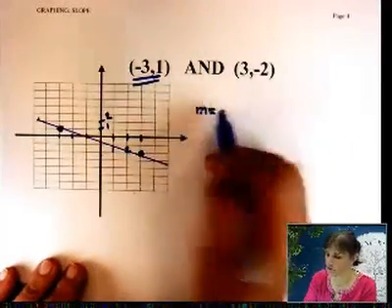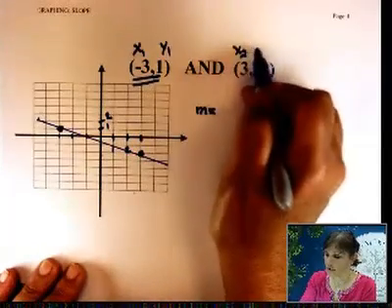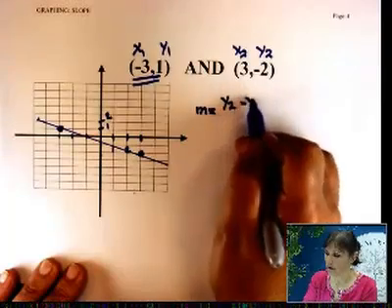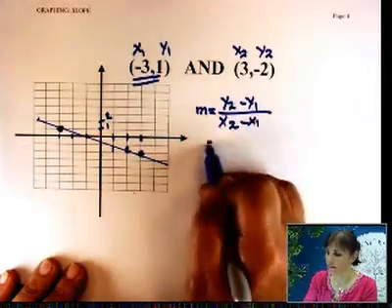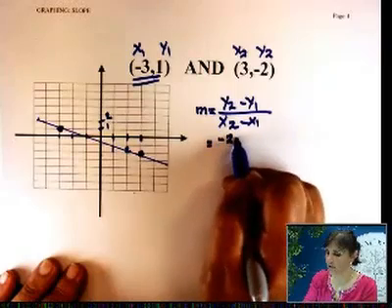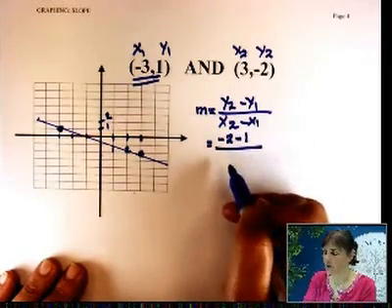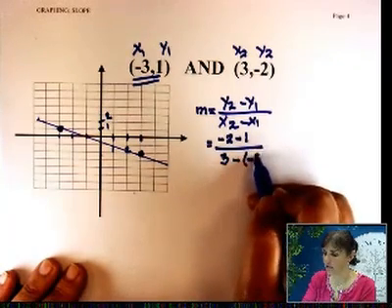M equals, label them, X1, Y1, X2, Y2. Write it down. Y2 minus Y1 over X2 minus X1. Y2 is negative 2, Y1 is 1, and X2 is 3, minus, watch, negative 3.